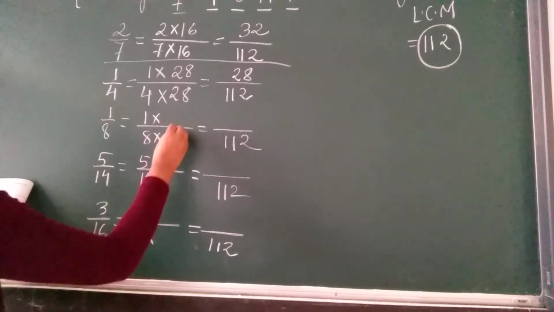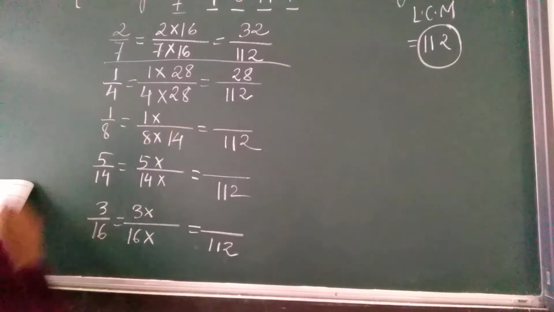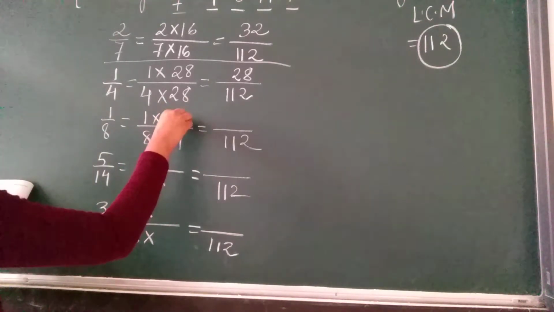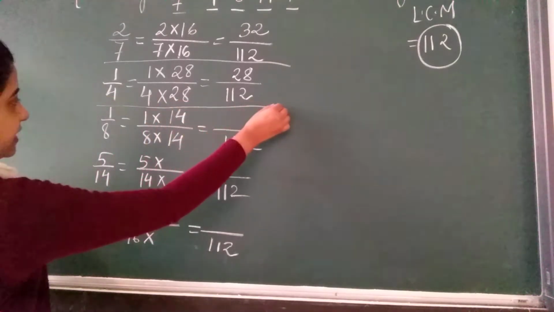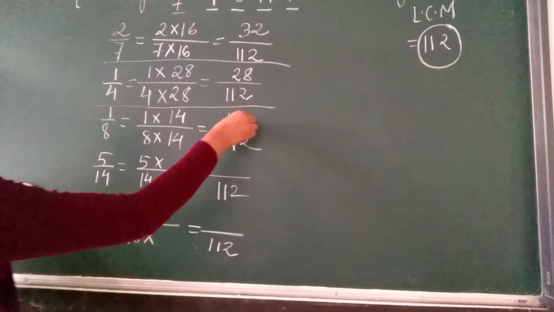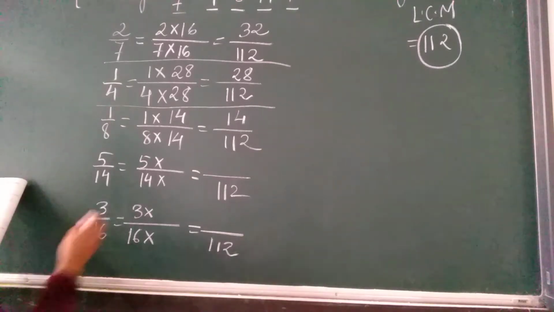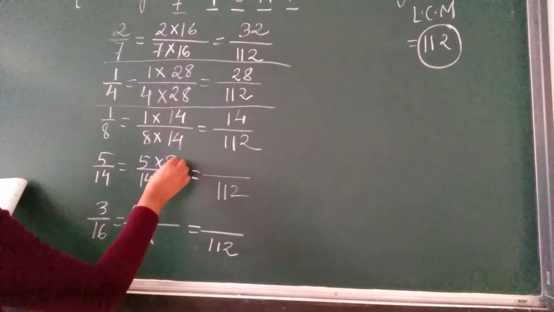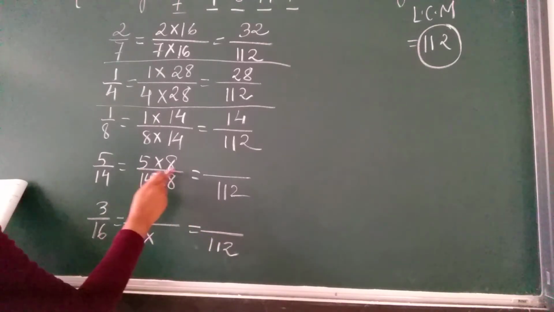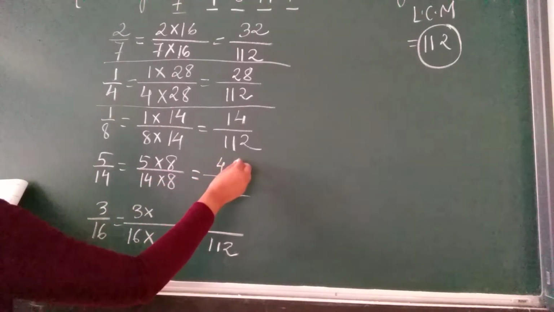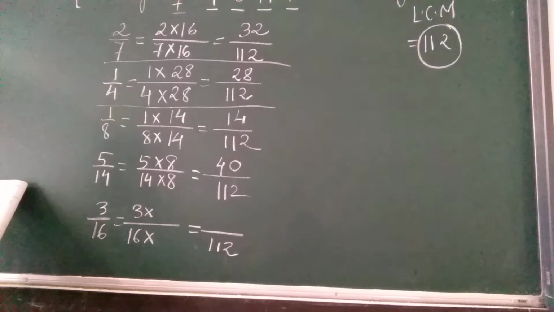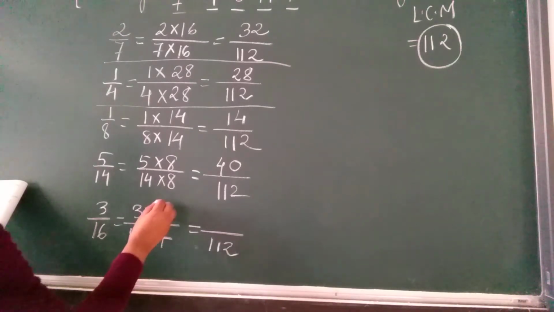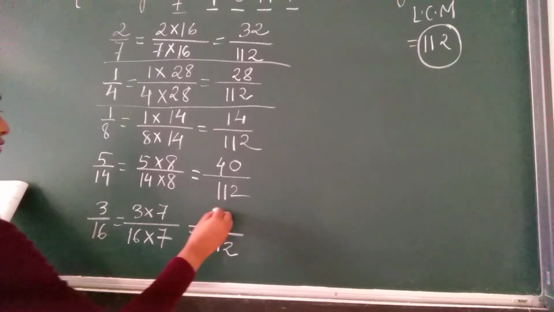For 8 we will multiply by 14 to get 112, so 14 will be multiplied in the numerator as well, giving 14. For 14, multiplied by 8 to get 112, and 5 into 8 is 40. Then 16 will be multiplied by 7 to get 112, so 3 into 7 gives us 21.